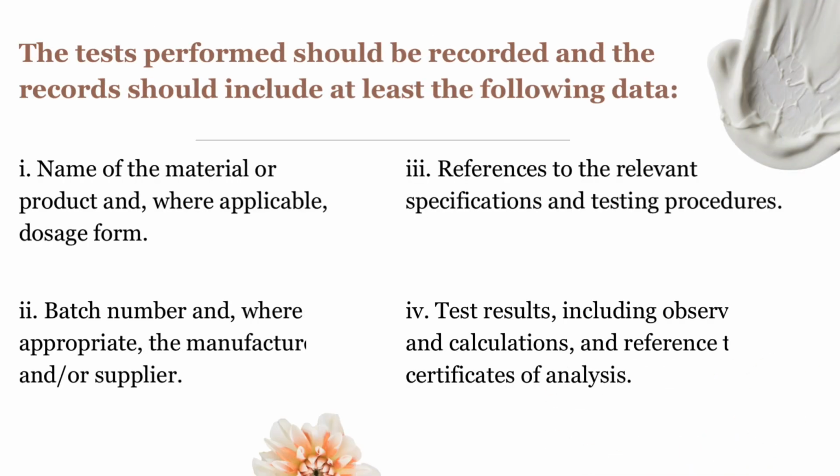The test performance should be recorded, and the records should include at least the following data. 1. Name of the material or product and, where applicable, dosage form. 2. Batch number and, where appropriate, the manufacturer or supplier. 3. Reference to the relevant specification and testing procedure. 4. Test results, including observations and calculations, and reference to any certificates of analysis. 5.